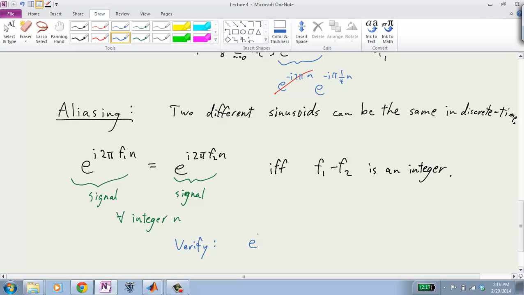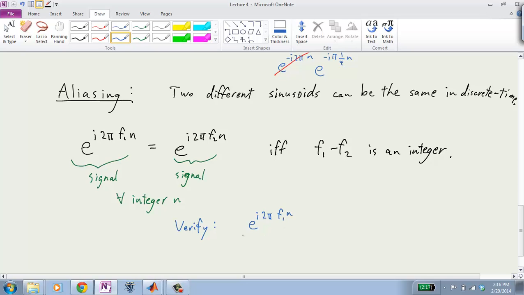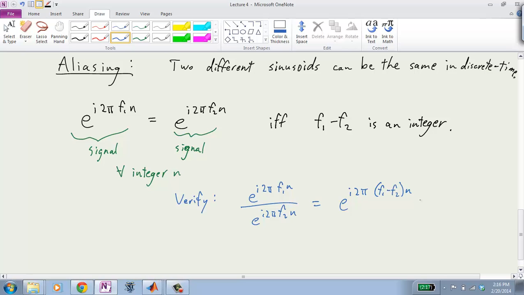We can say e to the i 2 pi f1 n over e to the i 2 pi f2 n equals e to the i 2 pi (f1 minus f2) n, and voila, we know that equals 1 if everything here is an integer.